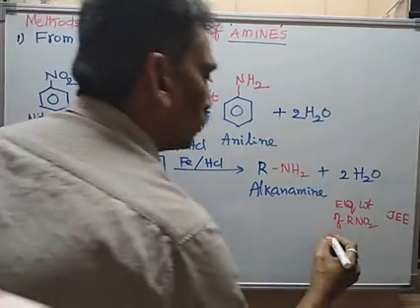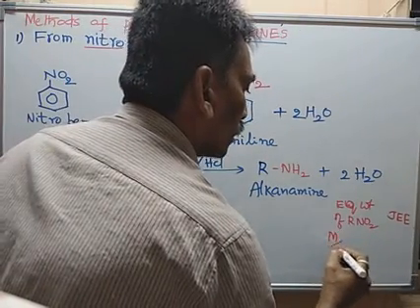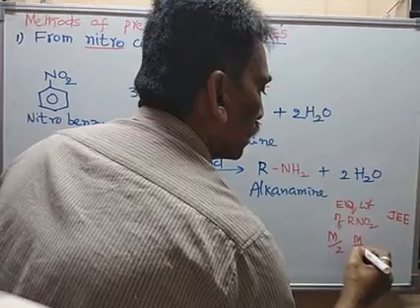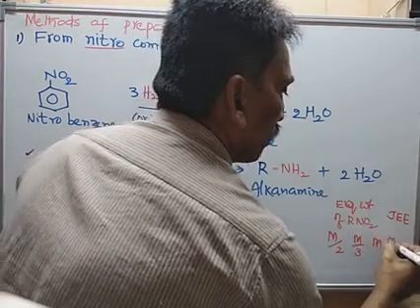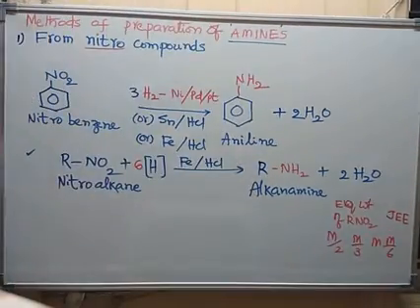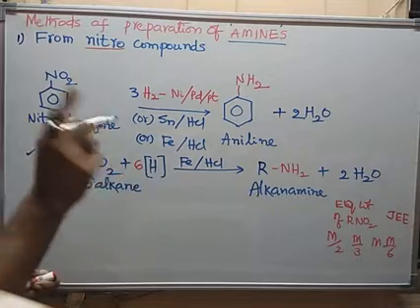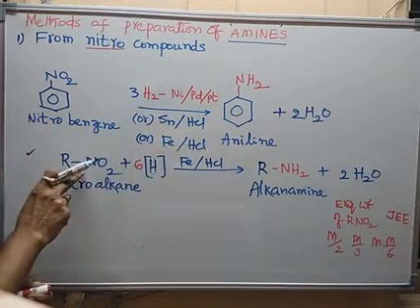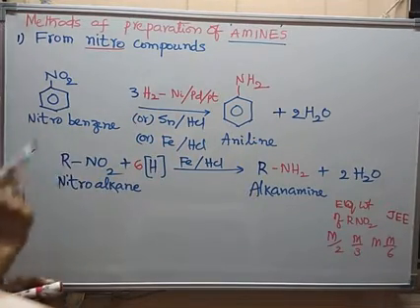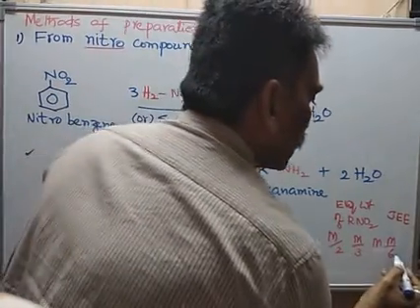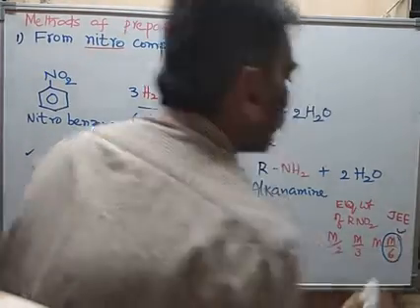Options: M by 2, M by 3, M by 6. The answer is very clear: take how many moles of nascent hydrogen are used by 1 mole of the compound. That is the answer.